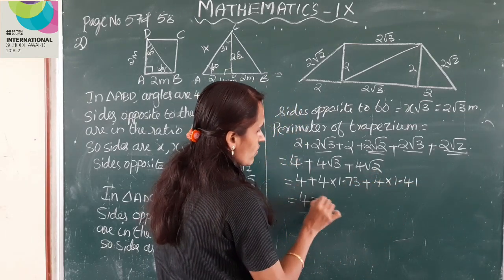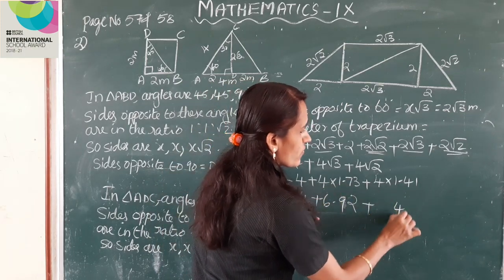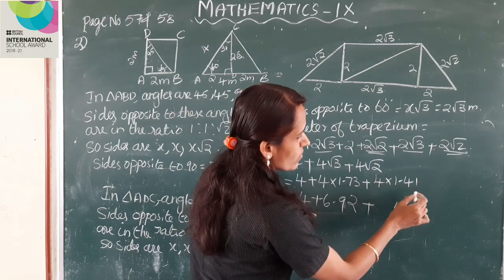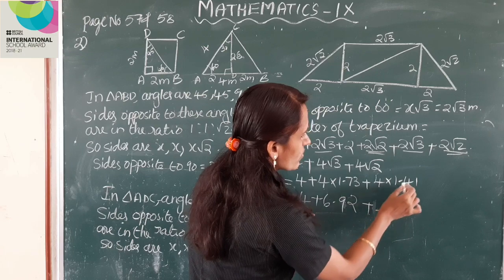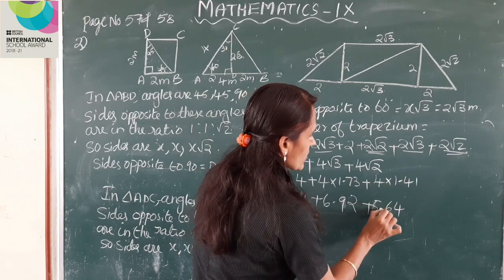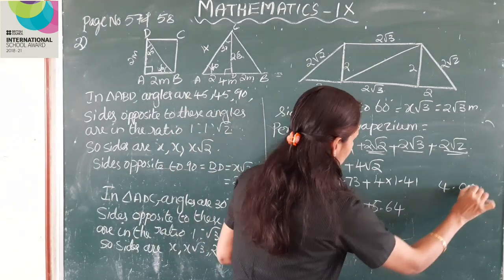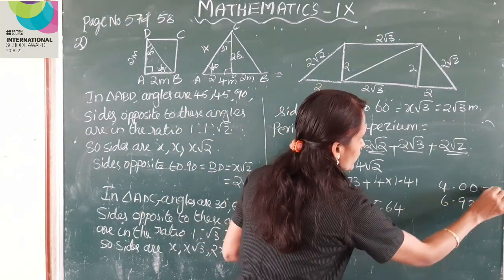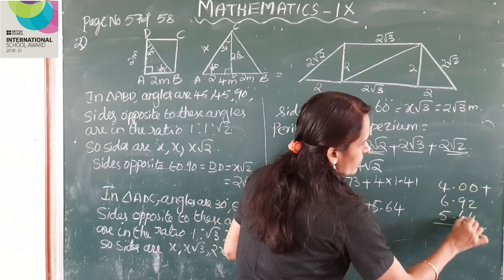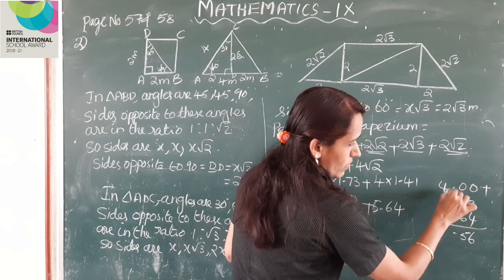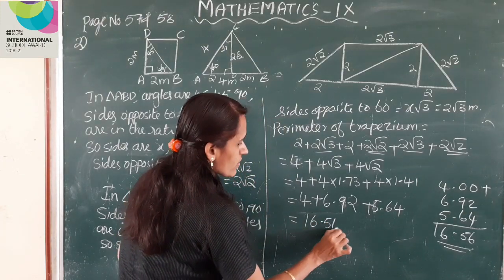This is equal to 4 plus 6.92 plus 5.64, which is 16.56 meter.